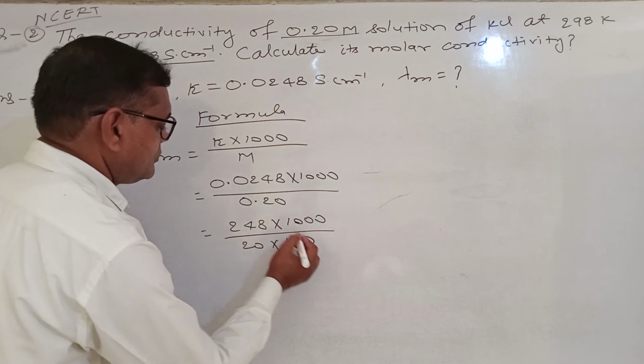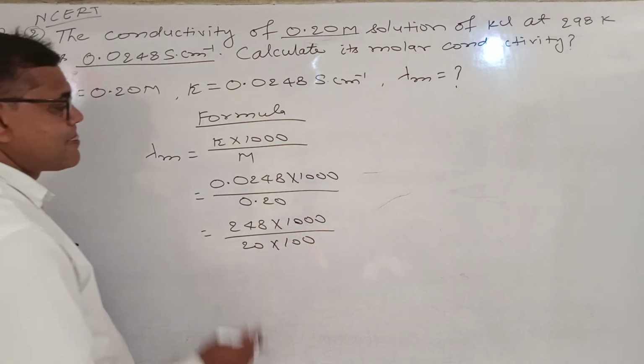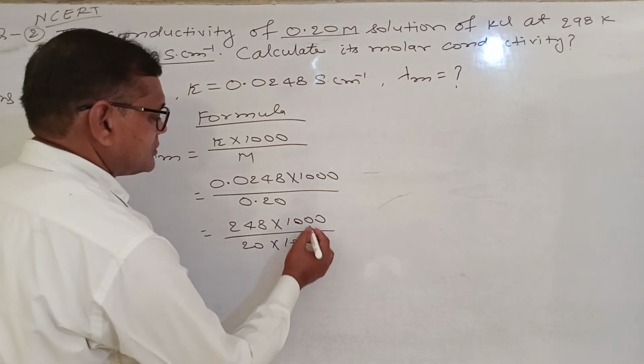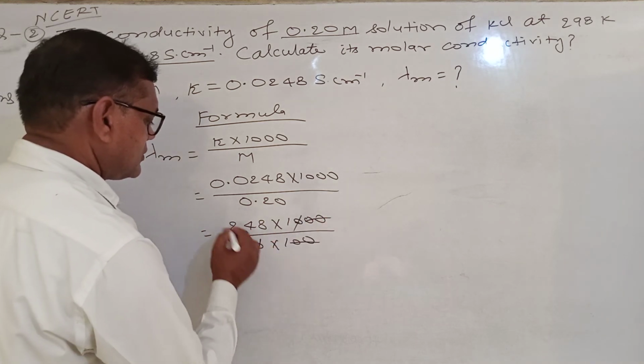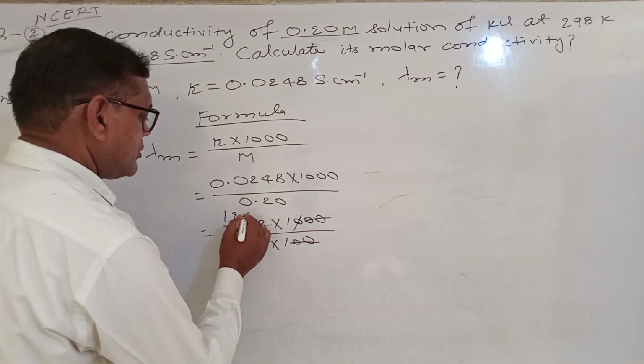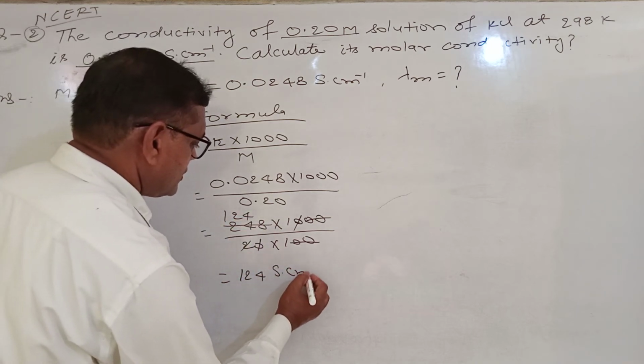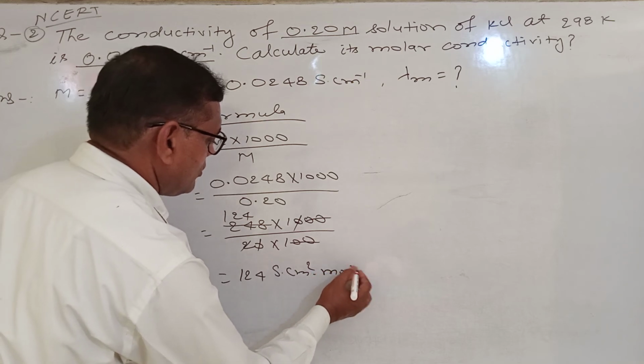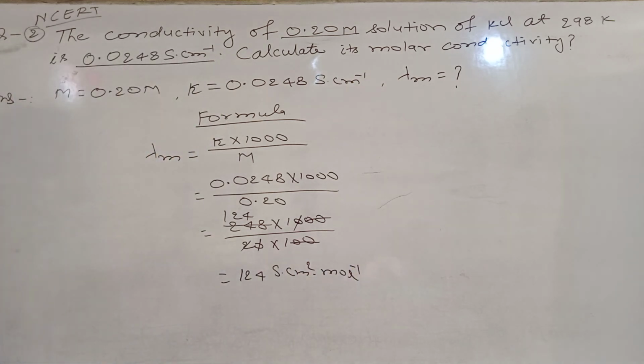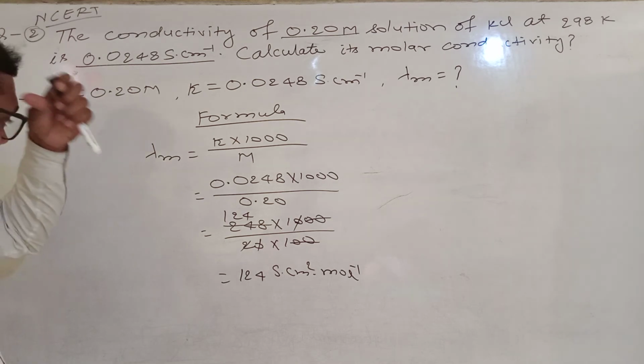The answer will be 124 Siemens cm square mole inverse. This is the answer.